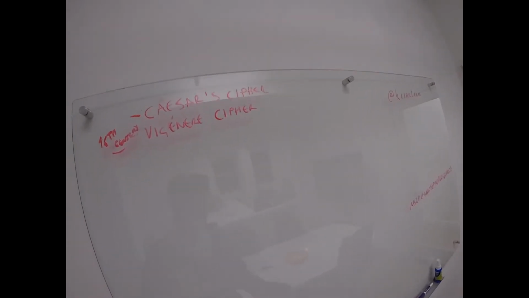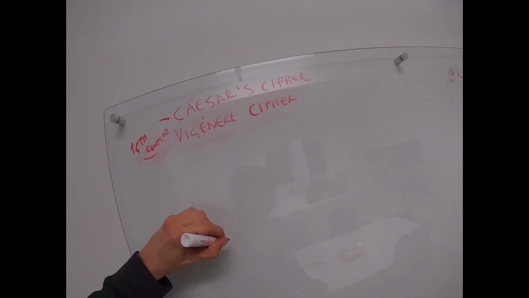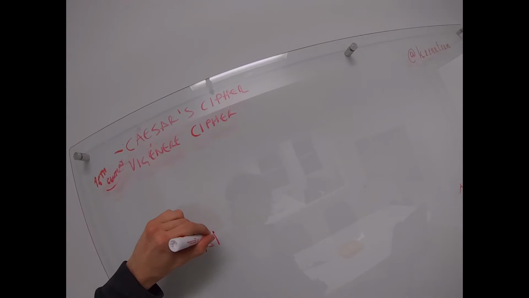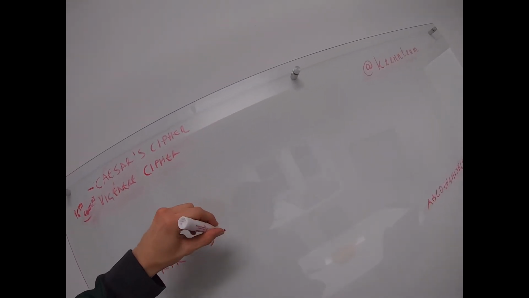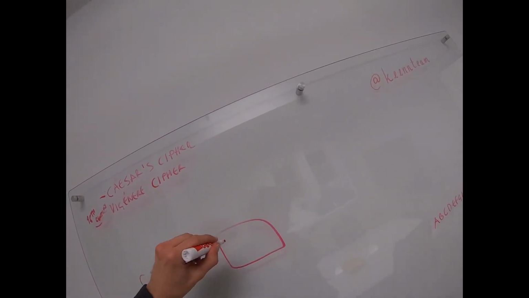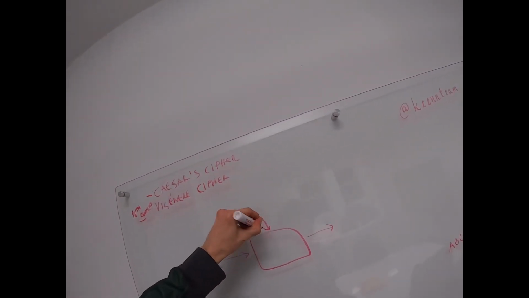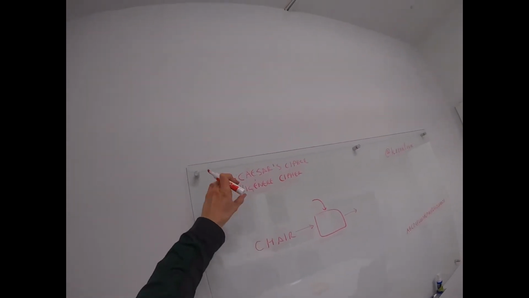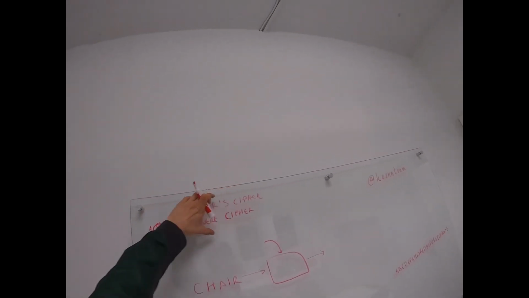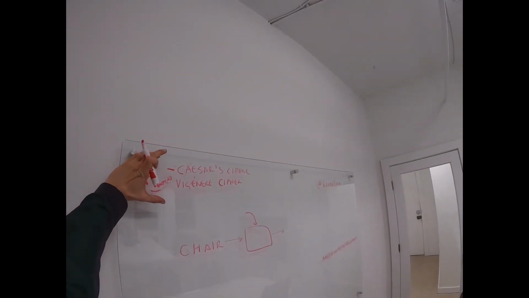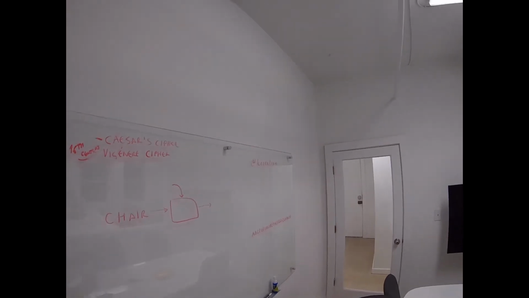Now we're still going to encrypt chair. It's a short word, good for this example. We're still going to encrypt it and get something, and we're still going to shift letters. The reason I'm doing them in a pair is that they both consist of shifting letters.